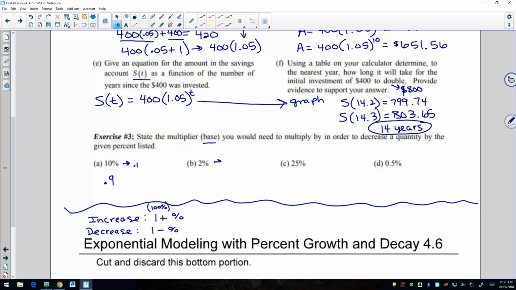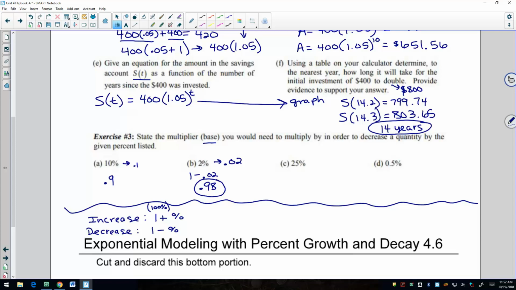So 2% as a decimal is 0.02. If you wanted 2% less, here's the math I'm kind of doing in my head: 1 minus 0.02, which is 0.98. So if you multiplied by 0.98, you'd be taking 98%, which means you're losing 2%. And that's what we wanted.